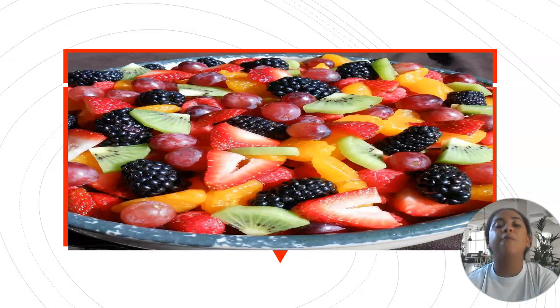And now, I want you to tell me what part of the body you can use to identify that this is a fruit salad. The eyes, very good. With the eyes, you can see the fruits that you want to eat. But what other part of the body can we use? Yes, the mouth. Excellent. We use the mouth to eat the fruits.